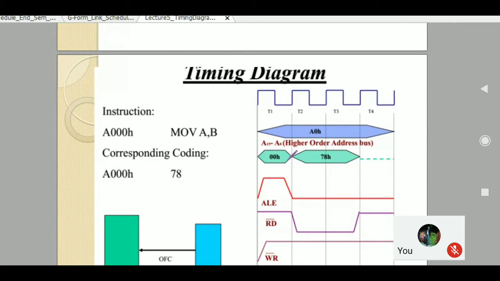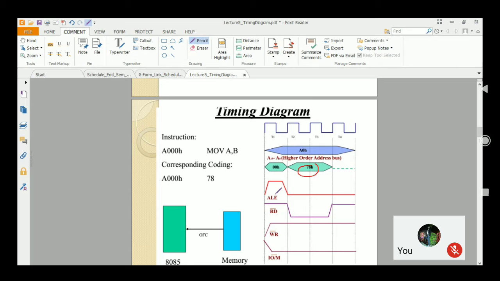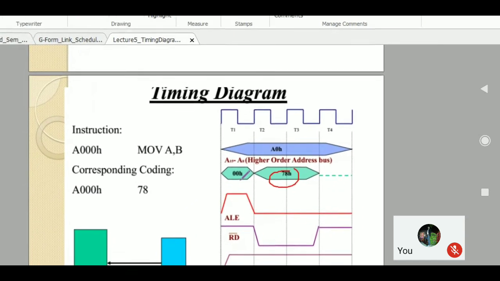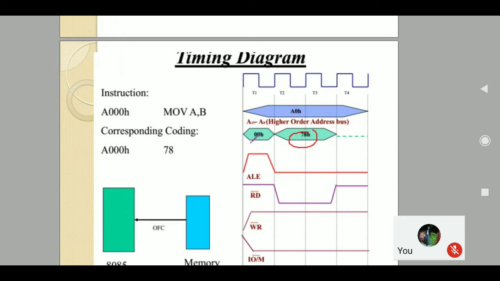For the time being, don't consider this one. And again, ALE is going to latch the lower order bus, because the lower order bus is connected to a multiplexed signal. Why is it called multiplexed? Because we write the lower order address bus together with the data bus, AD0 to AD7.